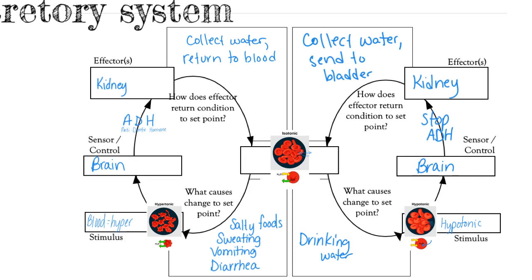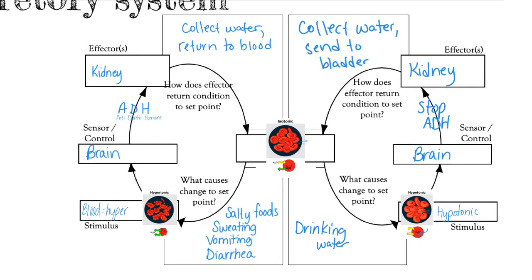By sending extra water to the bladder, you reduce how much water you have in your blood. Your blood returns back to being isotonic with the cells in them, and everybody is happy. That's the ugliest smiley face ever.